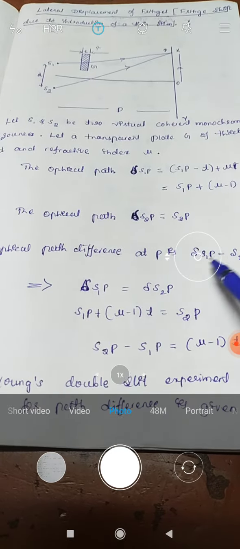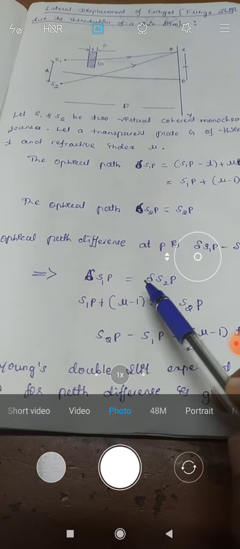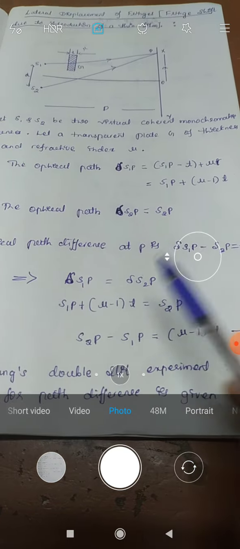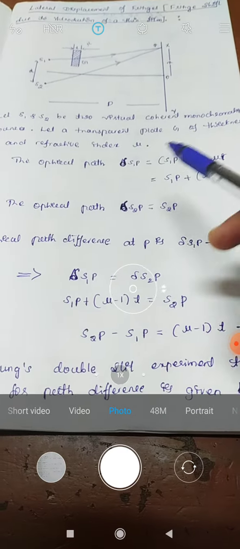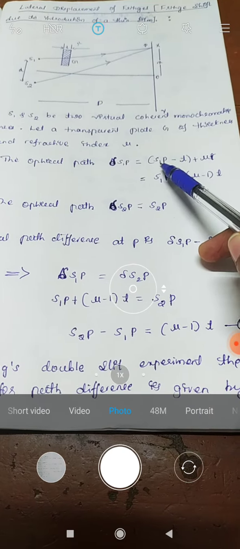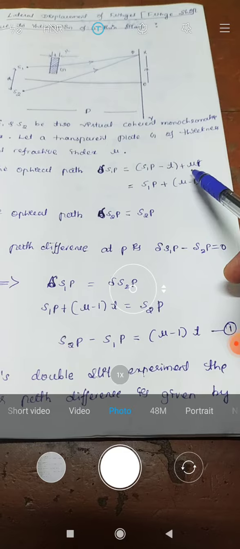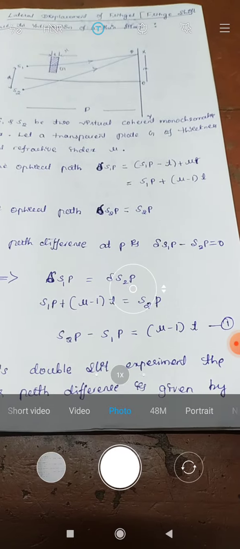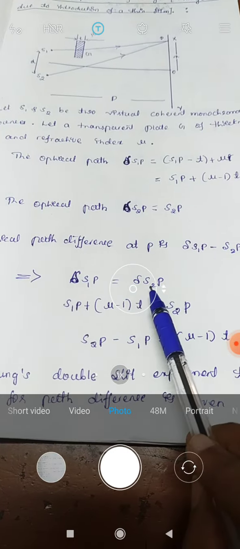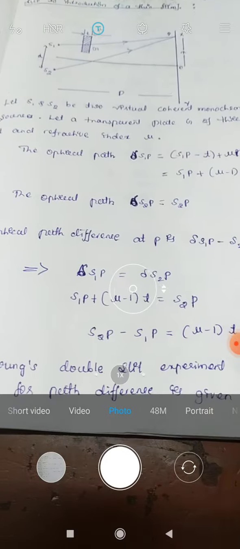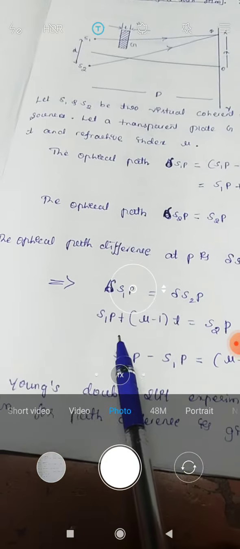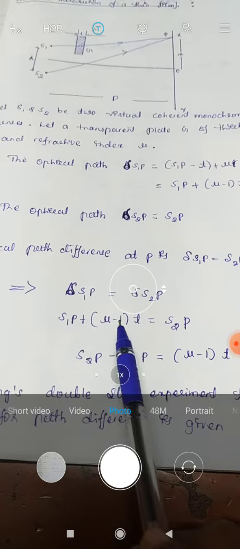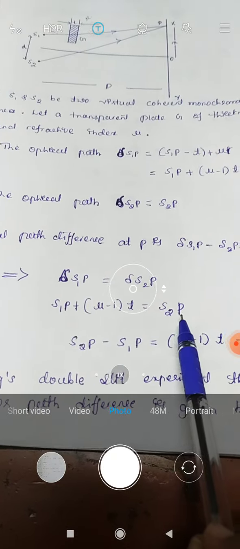So delta S1P is equal to delta S2P. Substituting the values, S1P minus T plus mu T, or S1P plus (mu minus 1) T, is equal to S2P.